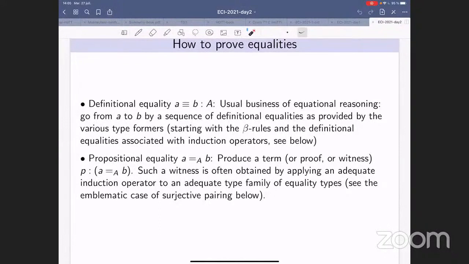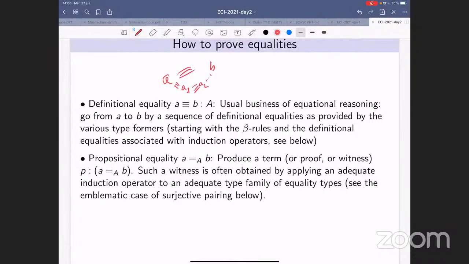So if you want to prove, I don't know, that some A is equal to some B, well, maybe you will use a first equality and then a second one, etc., until you reach B. So usually this is how you prove definitional equalities, just by the tools of equational reasoning.